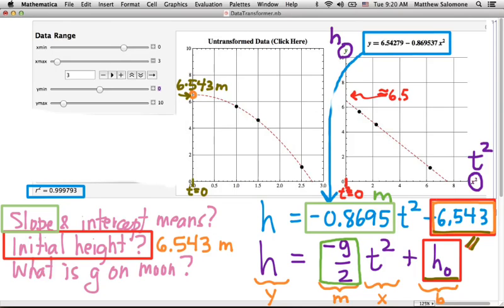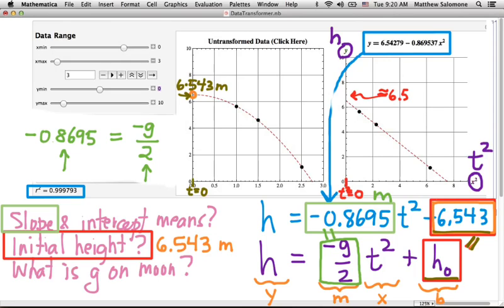Matching up the slope from our linearized equation with the coefficient of t squared in our model equation, we can now be assured that minus 0.8695 is equal to minus g over 2. Because the former is the slope of our linearized equation, and the latter is the coefficient of t squared in our model equation.